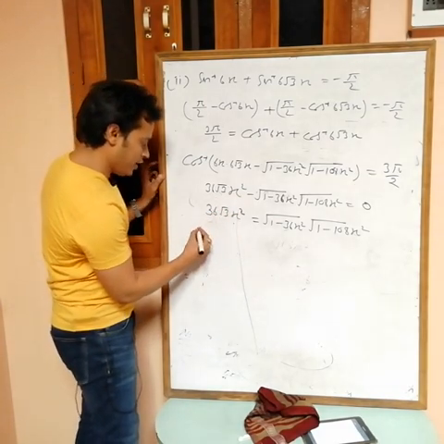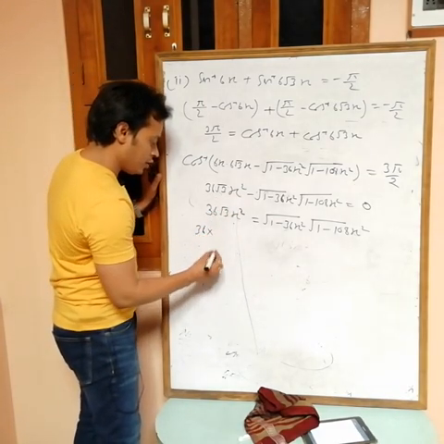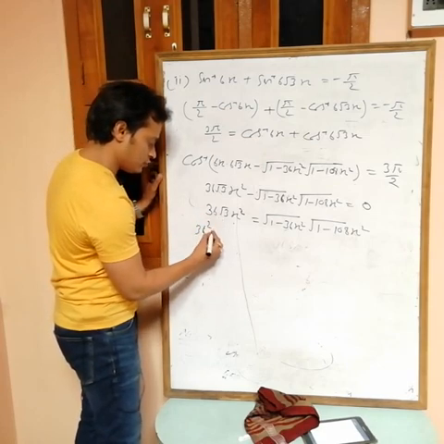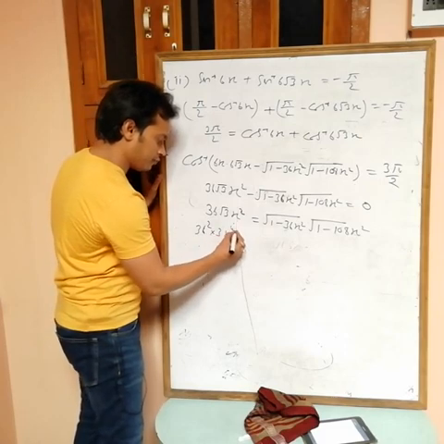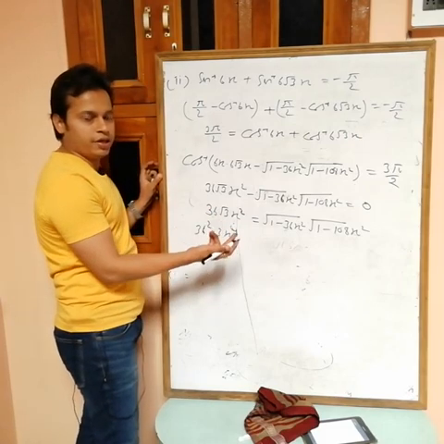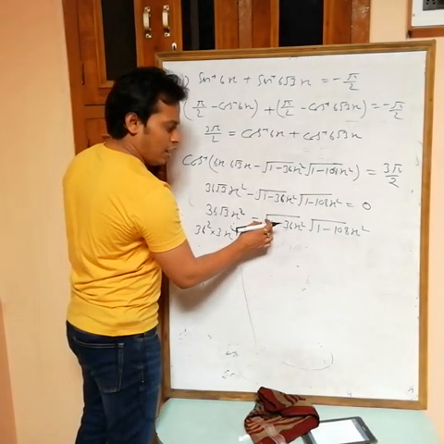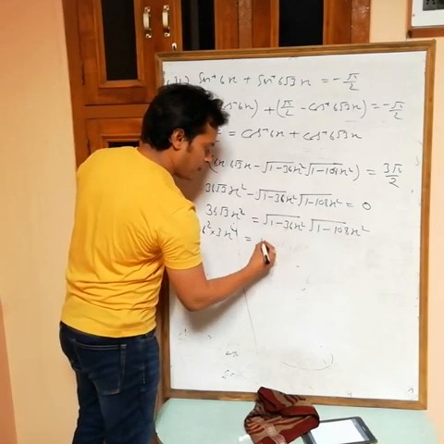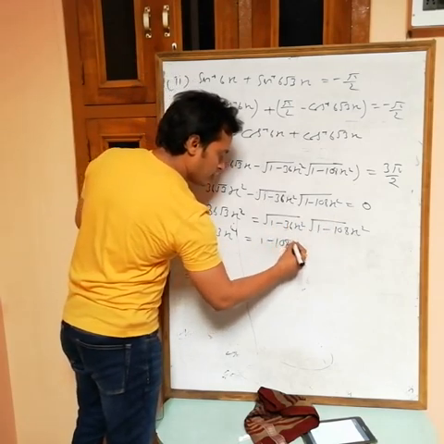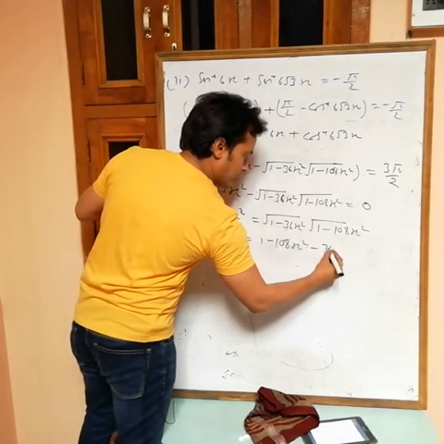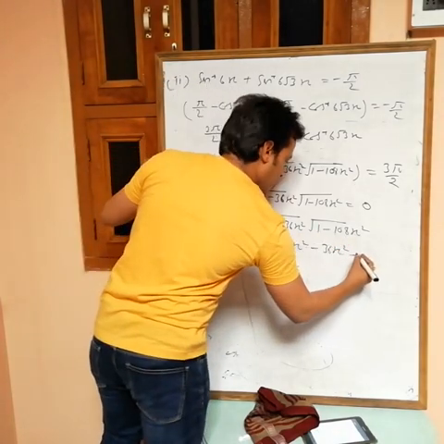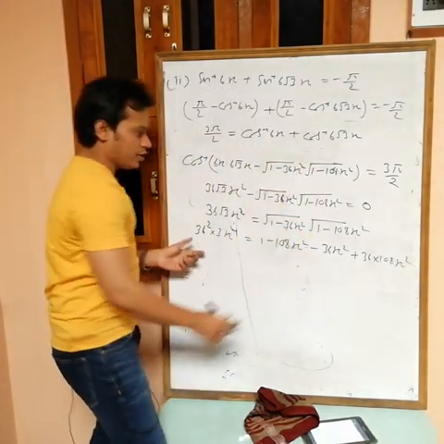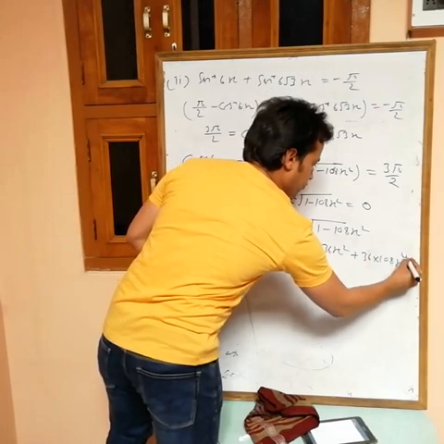If you take a square, what will we get? 36 square into 3 x power 4, since root 3 square is 3. After taking the square, we are getting values without root. So just multiply: 1 minus 108 x square minus 36 x square, plus 36 into 108 x power 4.